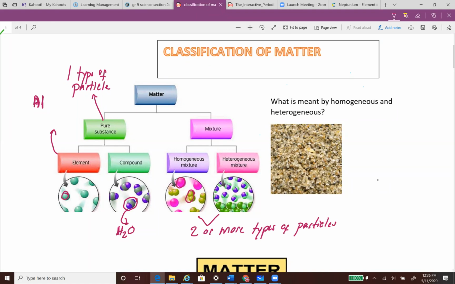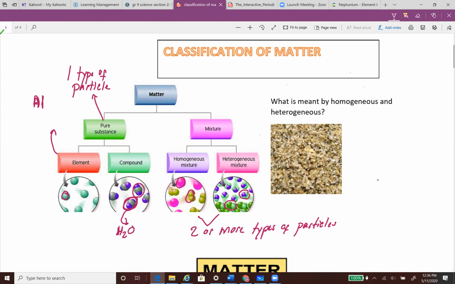These are clearly two different types of particles that are not stuck together. Not like this example over here, where the particles are made up of two different atoms, but you can see they form one type of particle, because this one and this one are exactly the same. But here I can see two different types of particles, and the same thing over here. So here's one type of particle, and this is a different type of particle. So these are called mixtures.